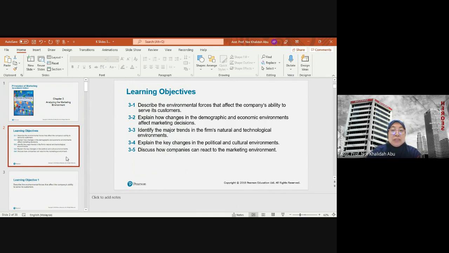Identify the major trends in the natural and technological environment, looking into the key changes in the political and cultural environment, and finally, how should company react to changes in the marketing environment. So these are the learning outcomes for this particular topic.